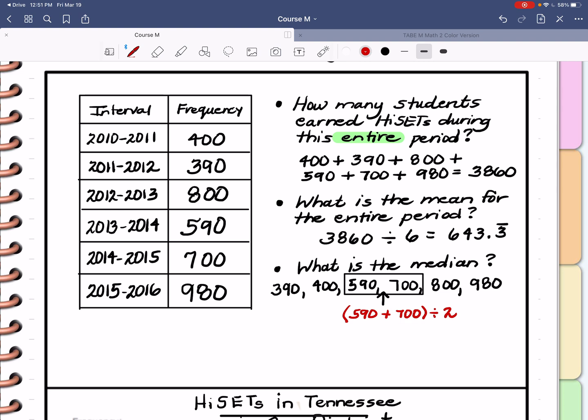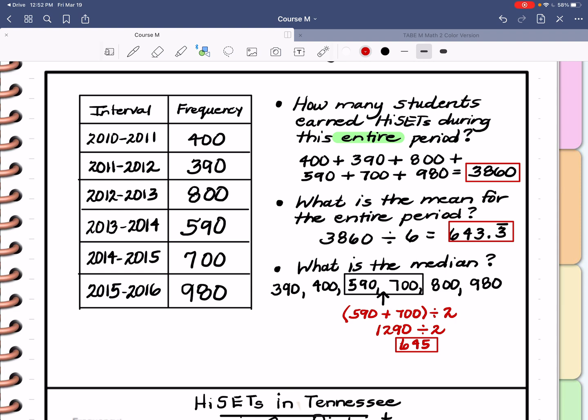So 590 plus 700 is 1290. And 1290 divided by 2 is 645. So the median is 645. The mean was 643. The total was this big number.